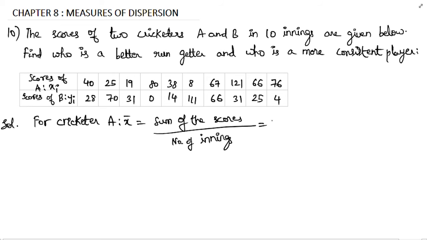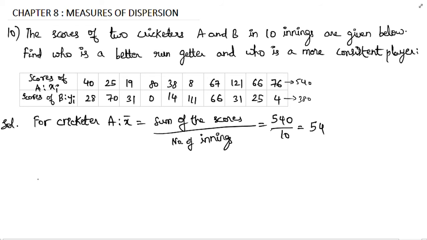The sum of the scores of X will be 540, and this will be 380. So this is 540 by 10, because the innings is given as 10 in the question, so this is equal to 54.